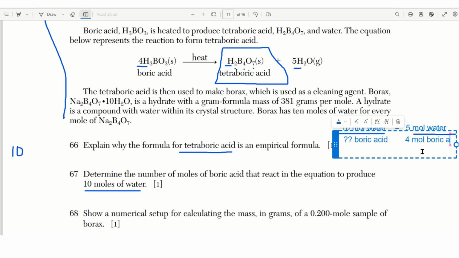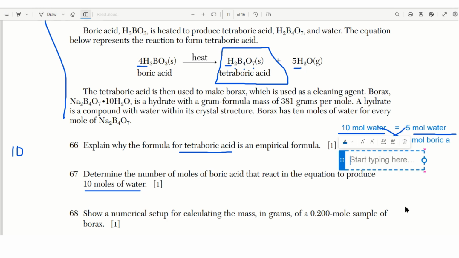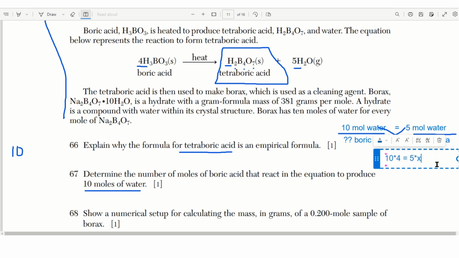All right. So what do I do? Well, I cross multiply. I do 10 times 4 and this. So what am I going to get? I'm going to get 10 times 4 equals 5 times my question mark, or I can just say x. What's 10 times 4?